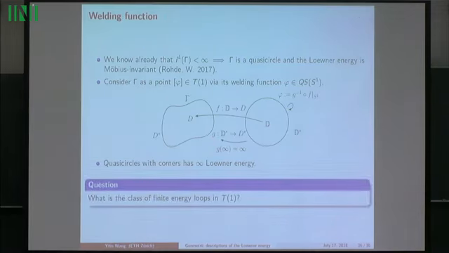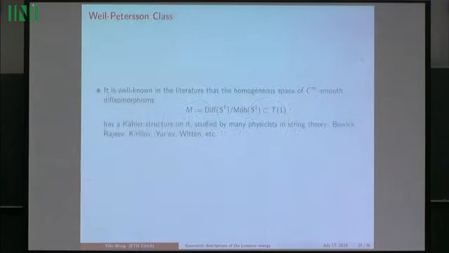So the question is, what is the class of finite energy loops in the Teichmüller space? Let me tell you what this class is. It is very well known in the literature, especially in string theory, that the homogeneous space of C-infinity smooth diffeomorphisms inside the universal Teichmüller space has a Kähler structure on it, and string theorists are interested in this manifold because it is the parametrization group of the strings.